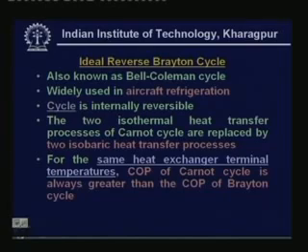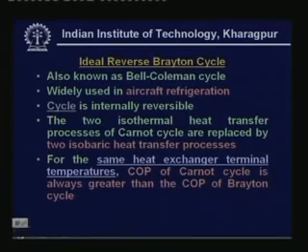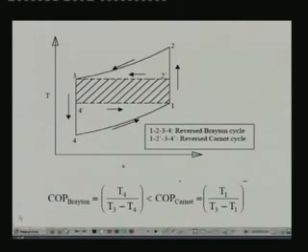Right, I will show this on a blank sheet. Okay. So what I am showing here is the reverse Brayton cycle 1, 2, 3, 4, right. So you have two isobaric processes here, okay.